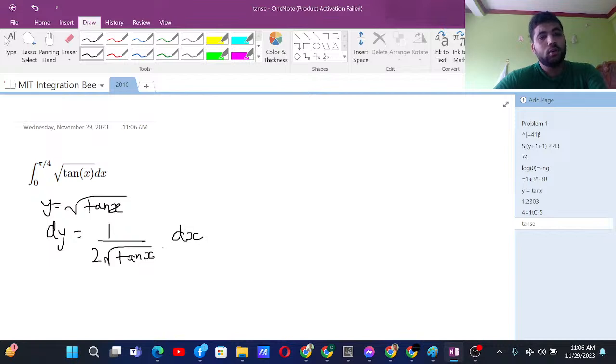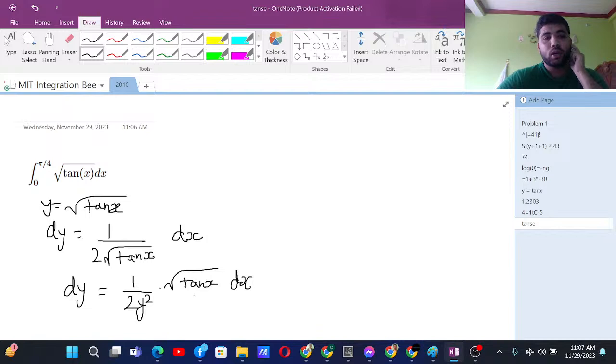Okay, so now what do we have from this? We have that dy equals 1 by 2y, and if we do it 2y square, we'll also have to put here root 10x dx. And wait, this is not all.